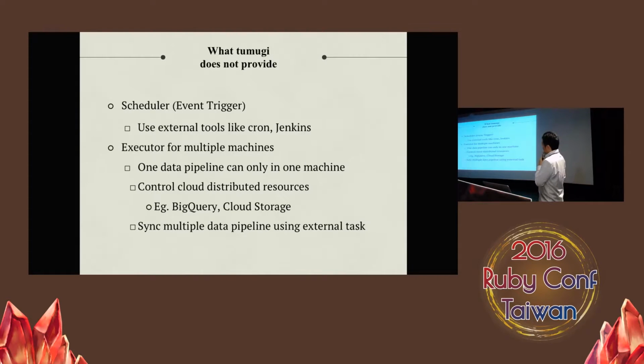And Tsumugi does not provide an executor for multiple machines, so you cannot distribute. One data pipeline can run only on one machine, because Tsumugi is just a CLI tool. This is a very important design concept of Tsumugi.